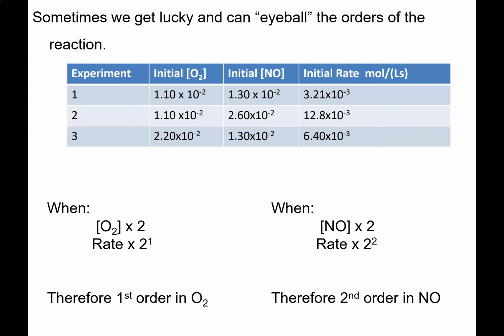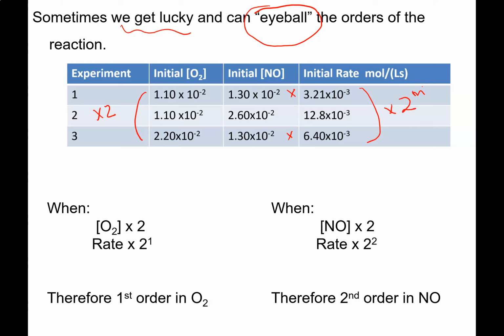So something to point out is that this seems a little bit complicated, but sometimes if you get lucky, you can actually eyeball the reaction orders and save a little bit of time. So, looking at the reaction order of O2, I need to find two experiments where NO is staying the same. And that's going to be 1 and 3. And if I look at what happens to my concentration of O2 here, it doubles. And what that means is the rate is going to be multiplied by 2 to some power.